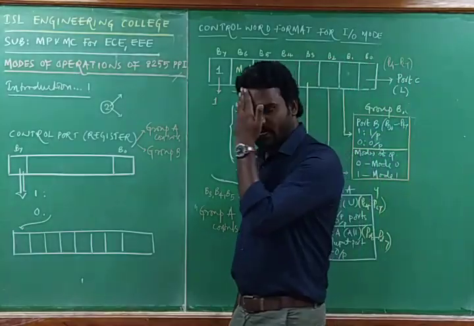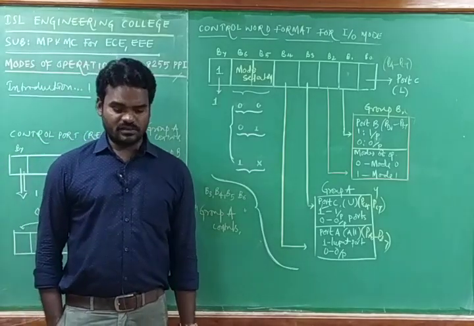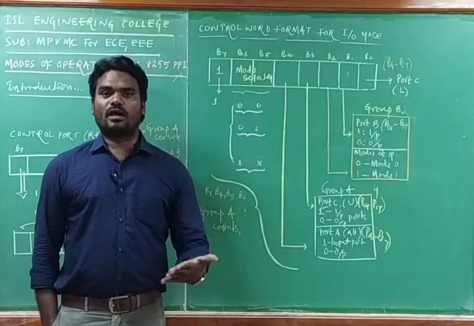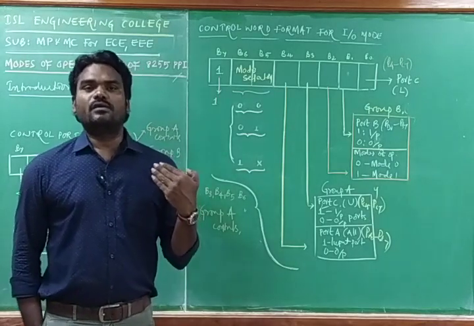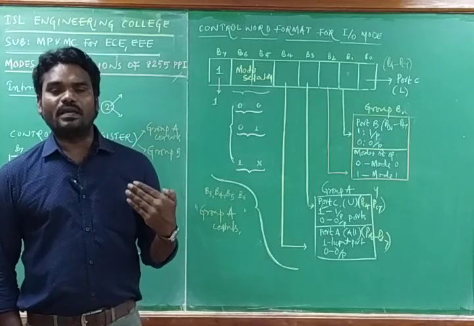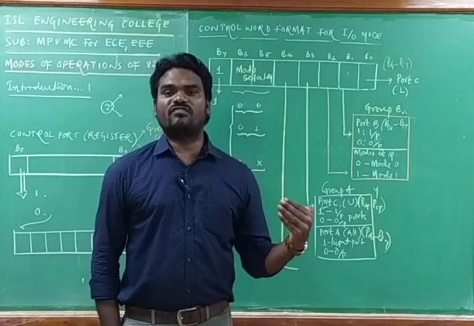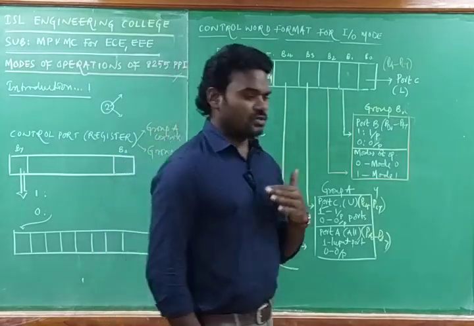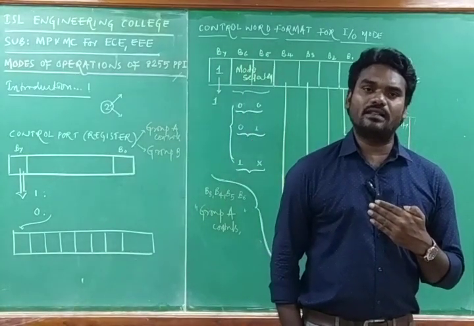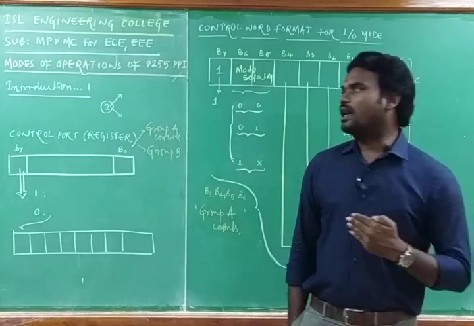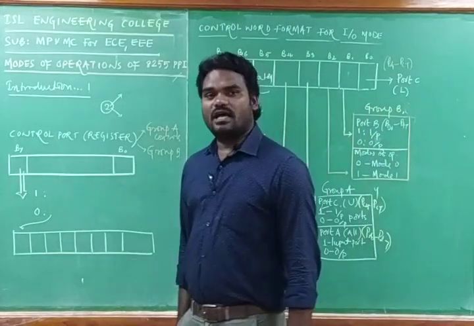PPI stands for Programmable Peripheral Interface. Programmable means it can be programmed according to the user logic. Based on the program, it is going to serve a function, and it is going to interface the 8086 microprocessor and the 8085 microprocessor with the input-output devices. And all these things we have discussed in the last classes.